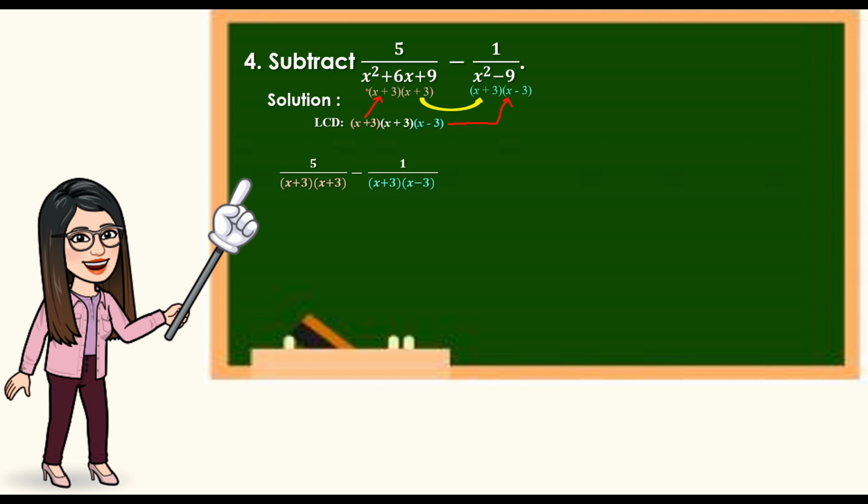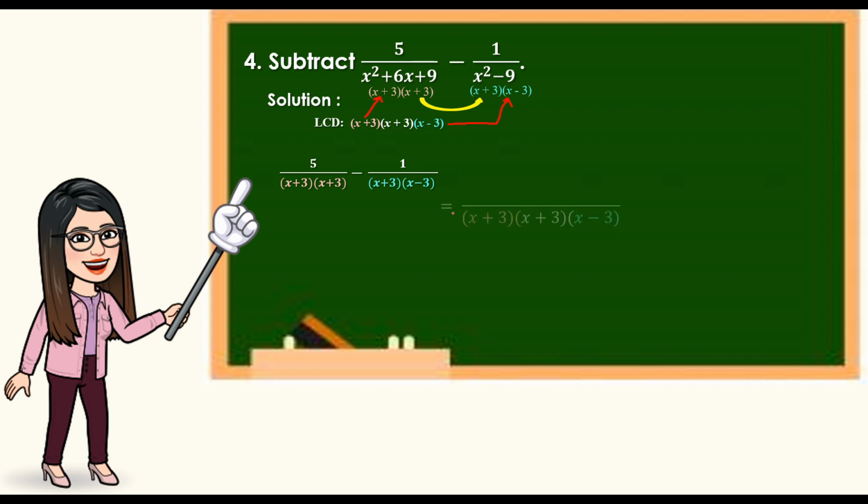They are actually the same. The same with this one. So x squared minus 9, instead of writing x squared minus 9, I put the quantity of x plus 3 times the quantity of x minus 3.